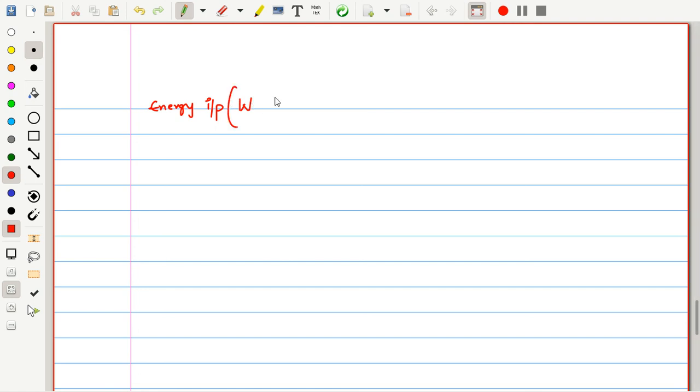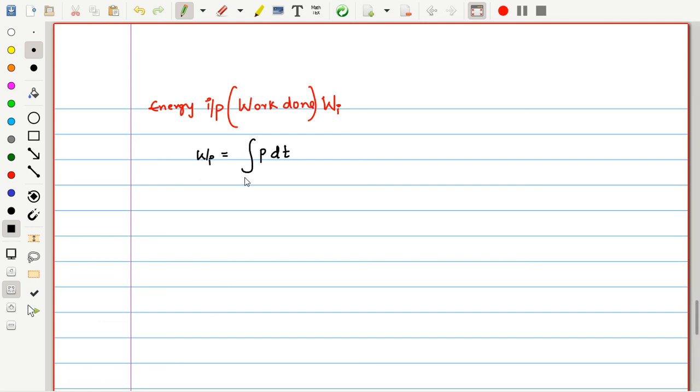Let me write here for your sake: work done, which we represent hereafter as W, with suffix i, which represents input. So how can I get the energy? Energy can be obtained from the integration of the power.